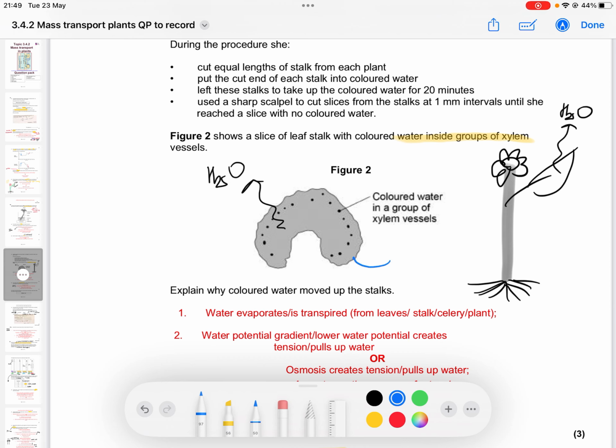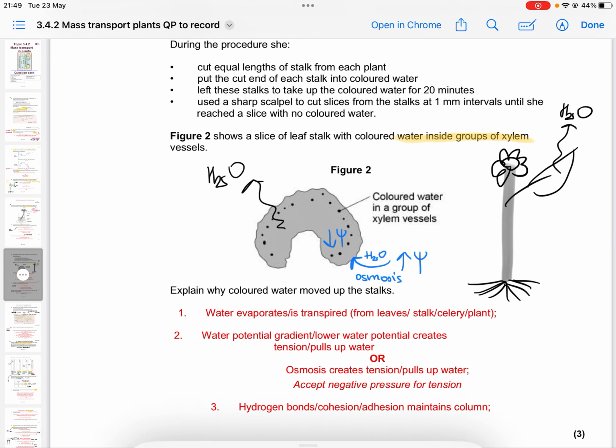So the water will need to be taken back, because by losing the water, we've lowered the water potential here in the stalk. With the water surrounding the stalk, which has higher water potential, the water can move into the stalk by osmosis.